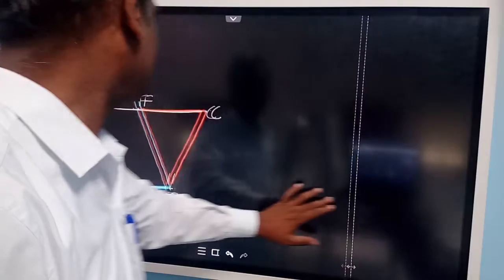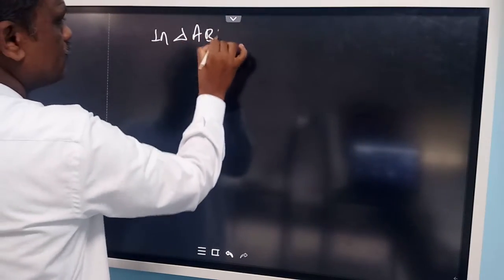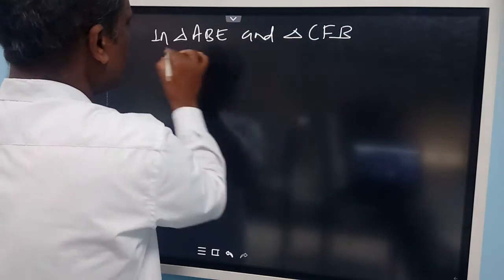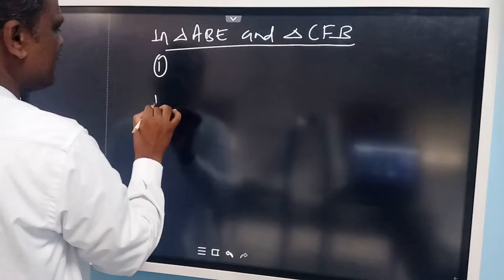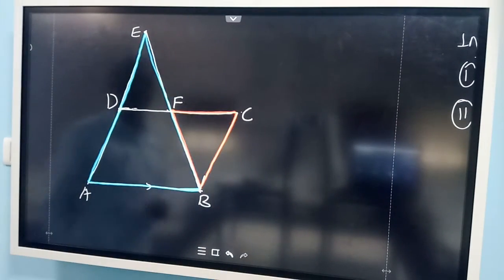So now let us consider these two triangles, in triangle ABE and in triangle CFB. Identify two pairs of angles which are equal. You have to find them out here.